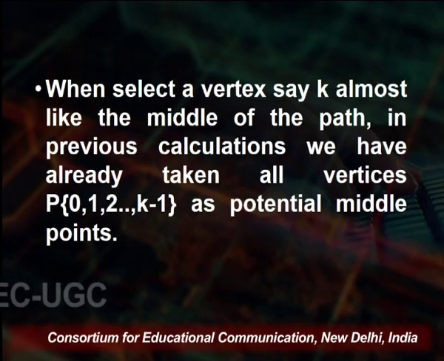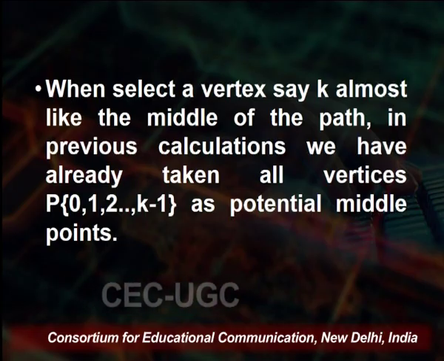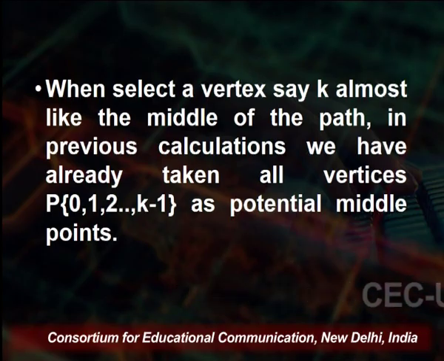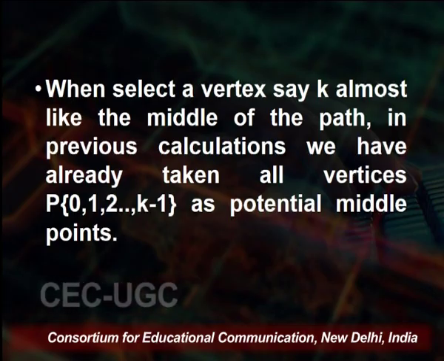So, in order to go from 0 to 5, we will take 1 as the middle vertex, 2 as the middle vertex, 3 as the middle vertex and 4 as the middle vertex also. And taking this information, the whole matrix is going to be updated.